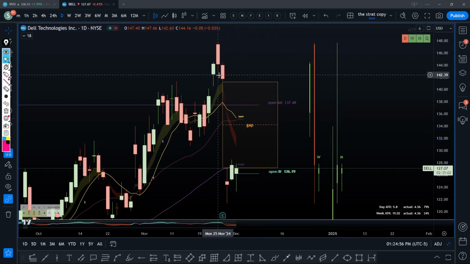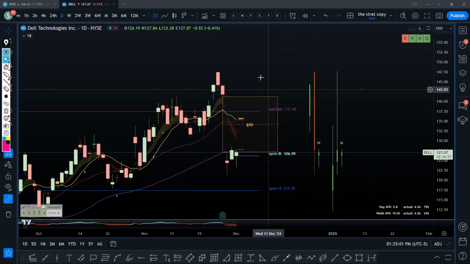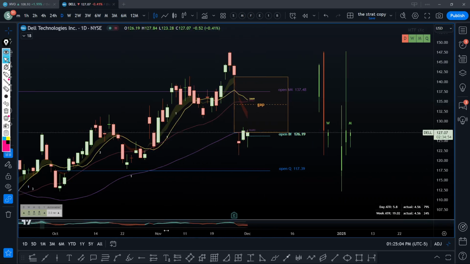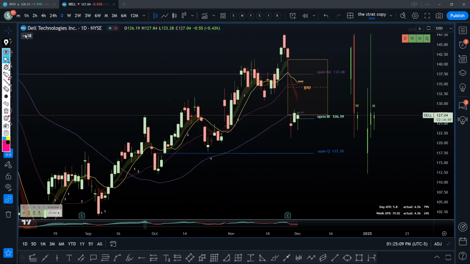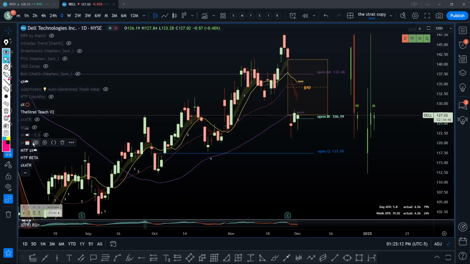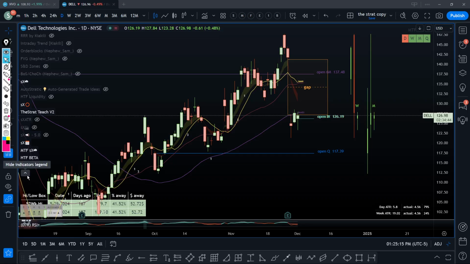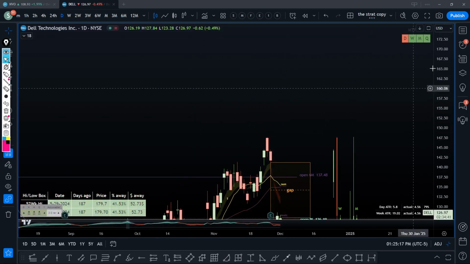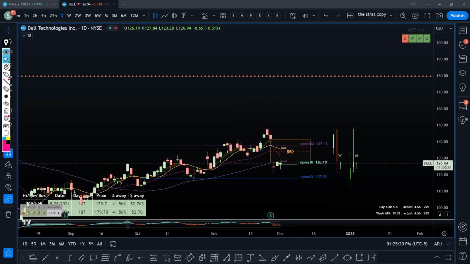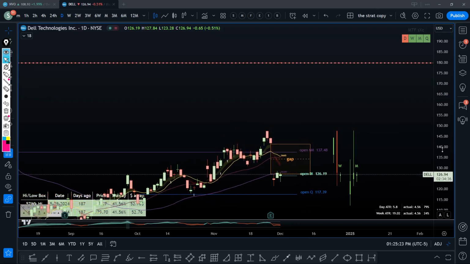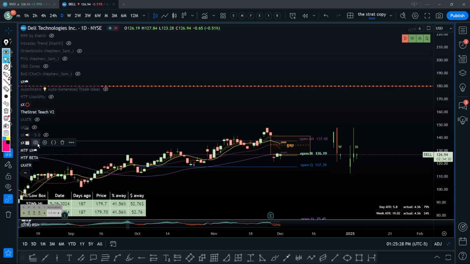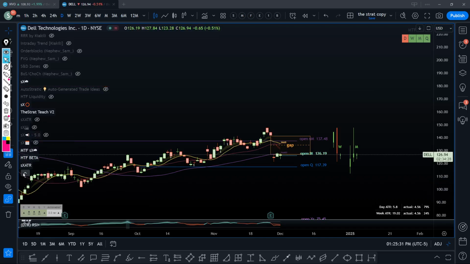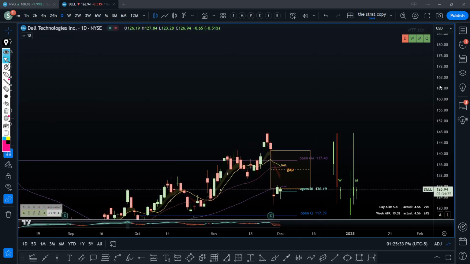So what I'm looking for eventually, Dell, is to refill this gap. They drove the price down, I believe just so that they could buy it back up and make some profit. Dell was nowhere near its all-time high before they did drive it down, or the 52-week high.